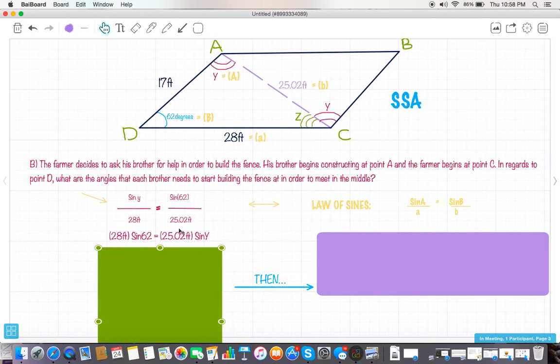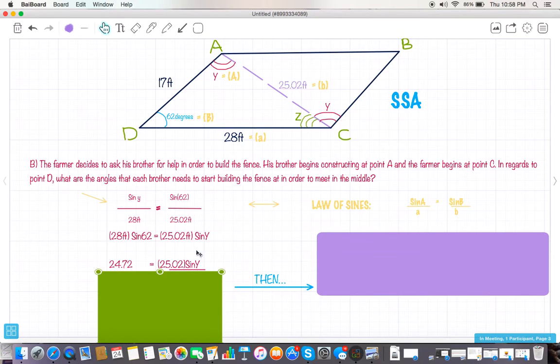Once it's written out, we plug these values into our calculator, of course without the FT for feet, and we get 25.02 times the sine of y is equal to, and that ends up being 24.72.